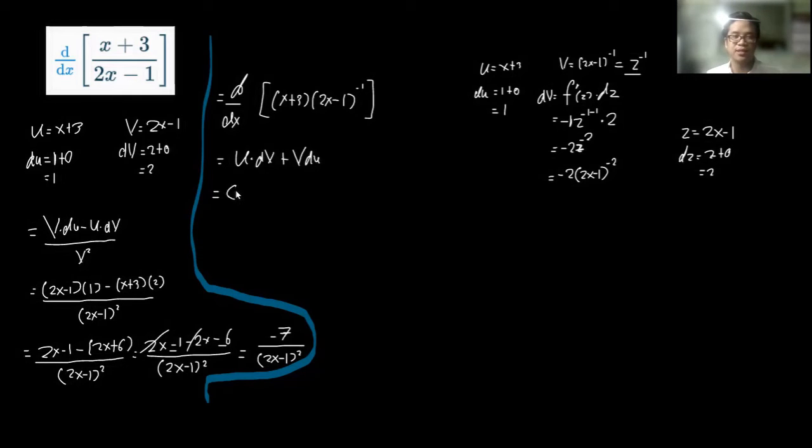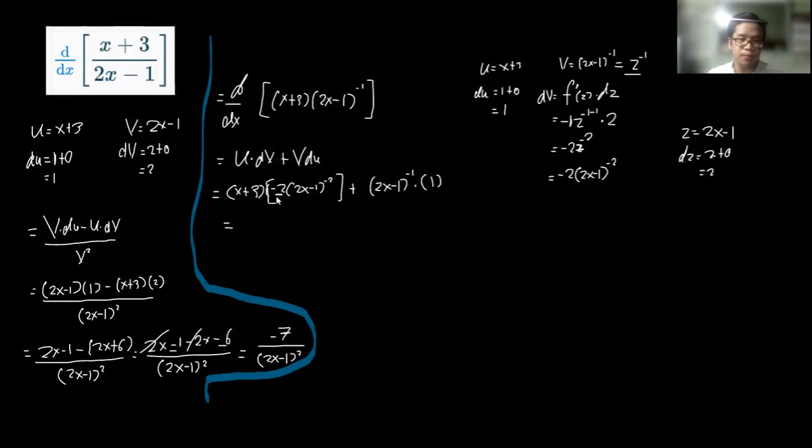My u here is x plus 3, and my dv is negative 2 times 2x minus 1 raised to negative 2, plus my v, which is 2x minus 1 raised to negative 1, times my du, which is 1. So let's multiply.